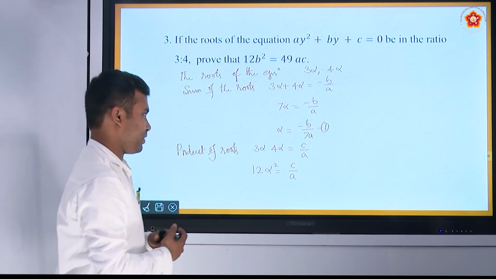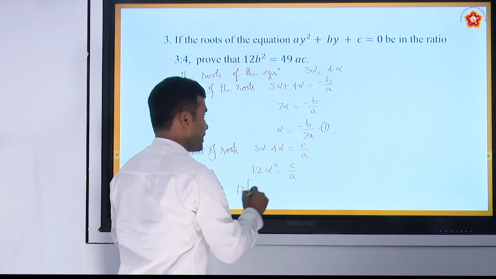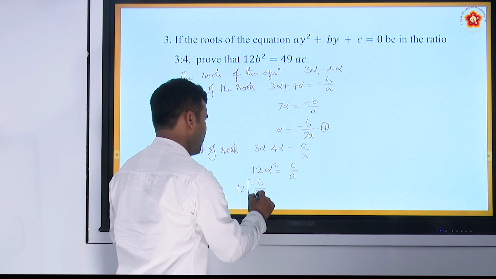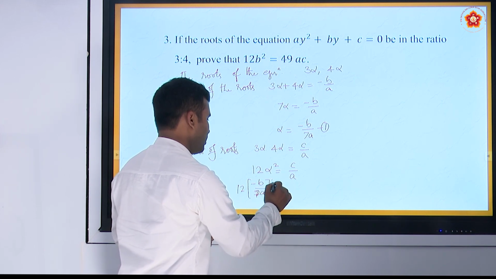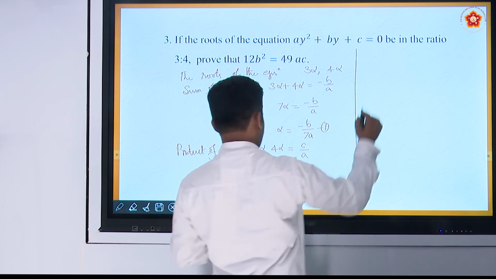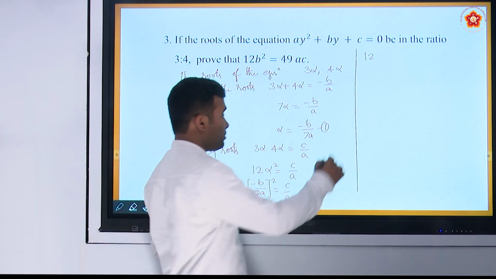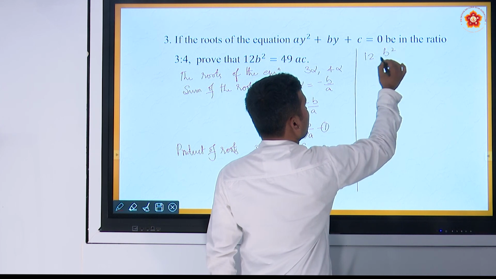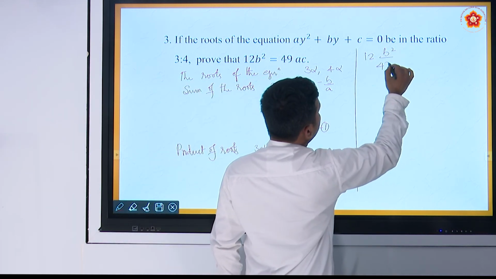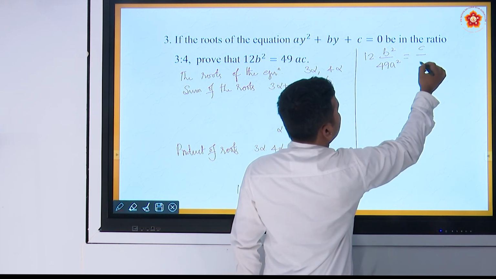So what will alpha square be? You make it square, so that is b by 7a all square, which is equal to c by a. So that is equal to 12, if you make it square, this becomes b square divided by 7a whole square, which is 49a square, equal to c by a.